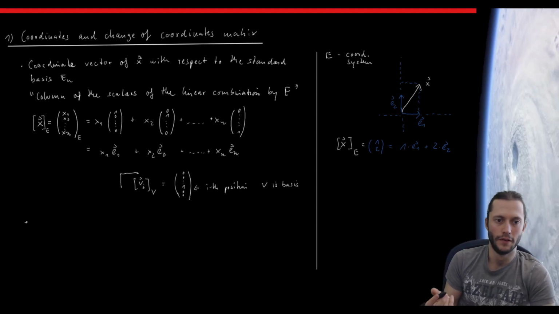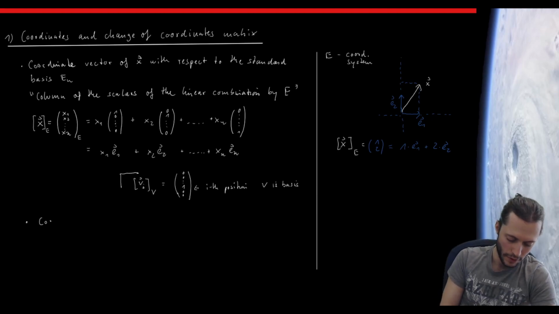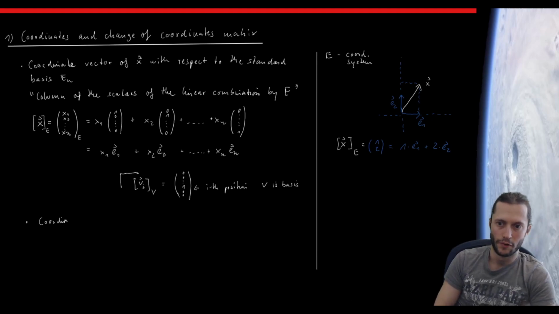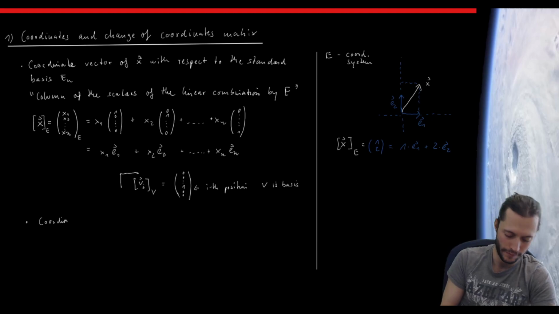Obviously, there must be the possibility to have different bases. What about the coordinates of x with respect to a different basis, b?